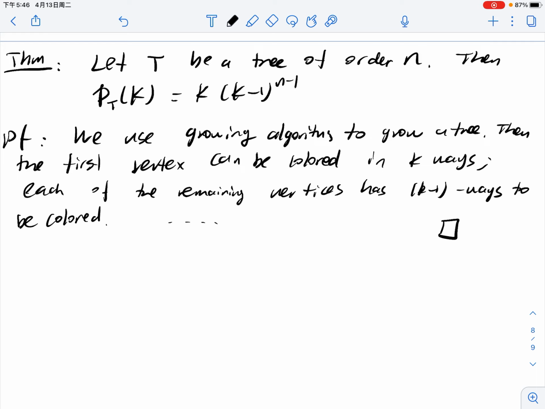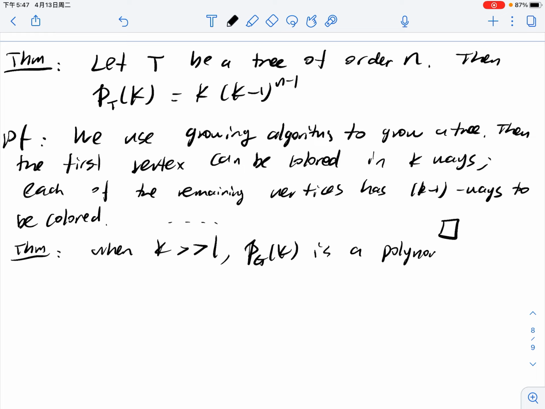And an interesting observation is that all the P(T,k) we have is a polynomial when k is large enough. Actually, when k is greater than the chromatic number, P(G,k) is a polynomial function. Okay.